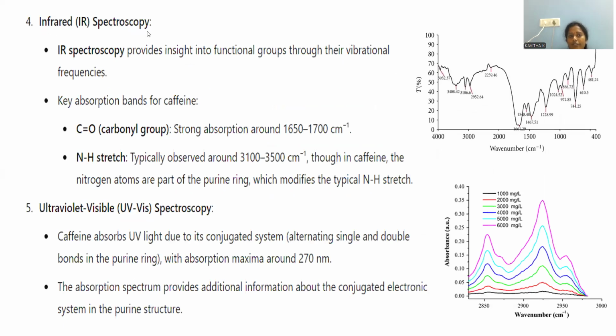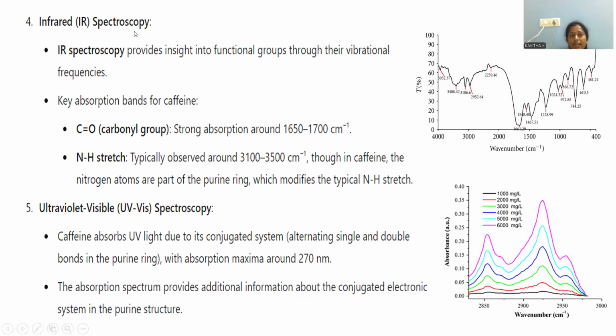Now we enter into infrared, IR spectroscopy. IR spectroscopy is plotted between wave number in centimeter inverse versus transmittance. This is the way the graph is plotted, and it is always characteristic for functional group identification.